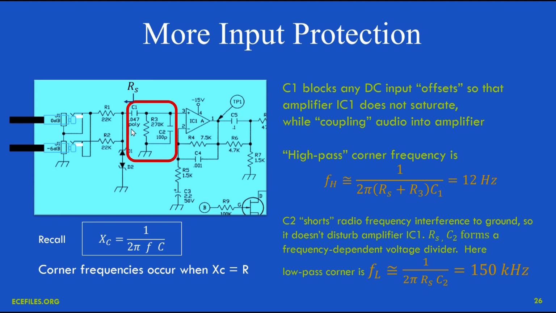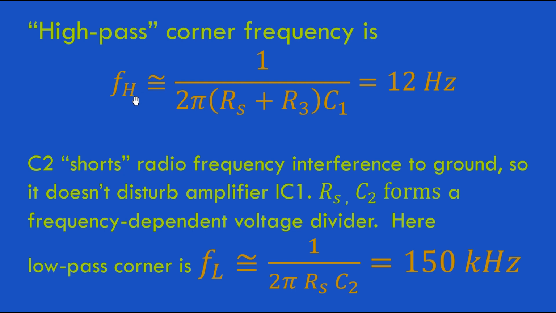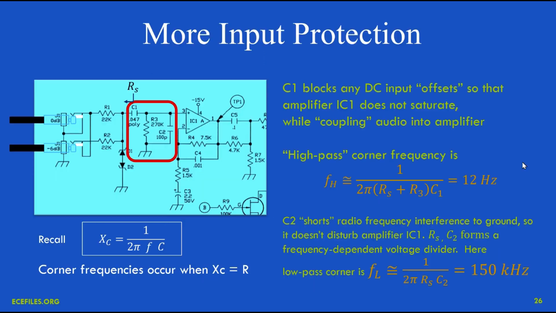We know that at sufficiently high frequencies, however, the signal will go on through here. So this will pass high frequencies. So we call it a high pass function. And the corner frequency that we're searching for is given by this expression, which is basically the corner frequency is 1 divided by 2 pi RC, where in this case R is RS plus R3.